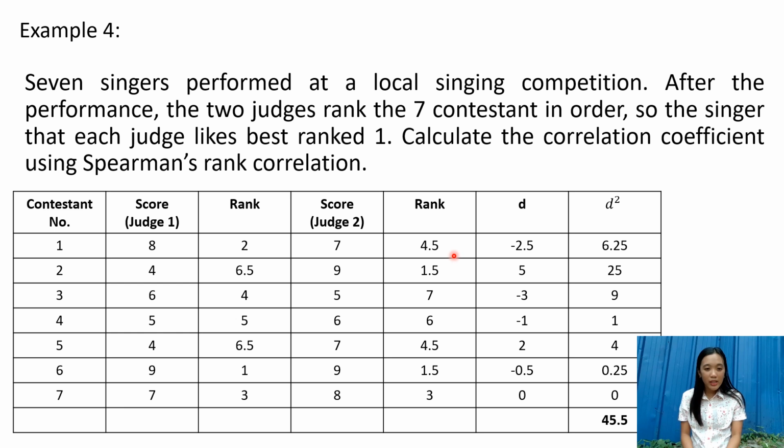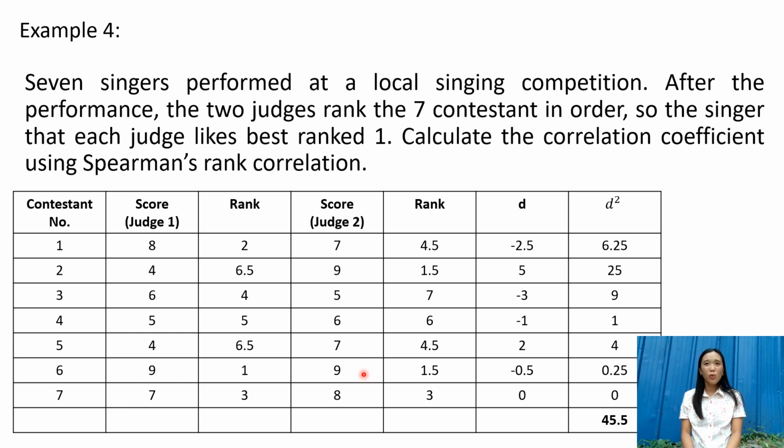And he gave 7 points to contestant number 1 and contestant number 5. So what will happen if they have the same score? Let's just take this score from Judge 2. So he gave 9 points to contestant 2 and contestant number 6.